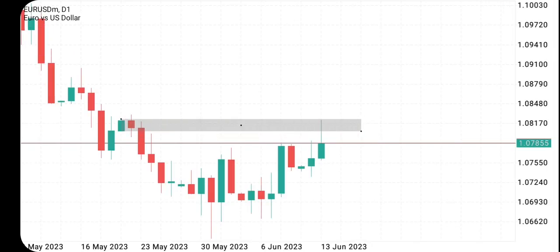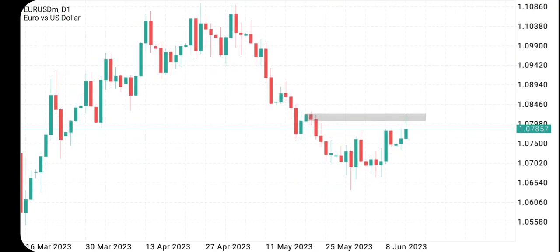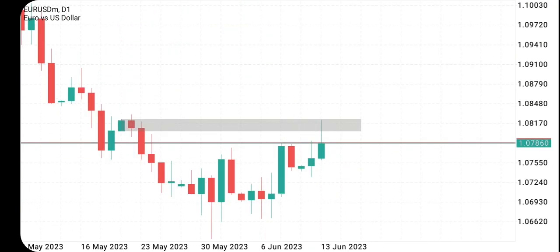Now, right now, currently price is reacting off of a daily bearish order block. So it's shooting down from that daily bearish order block, and we can notice the shift in market structure and the break of structure. So price was headed down.